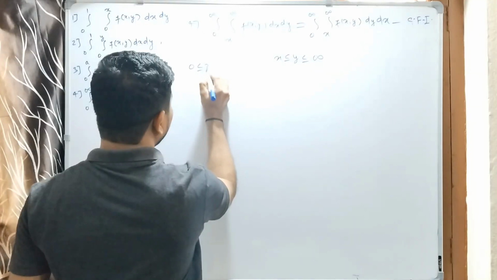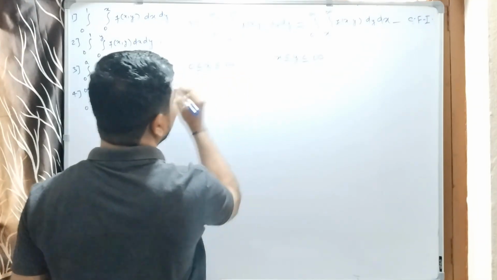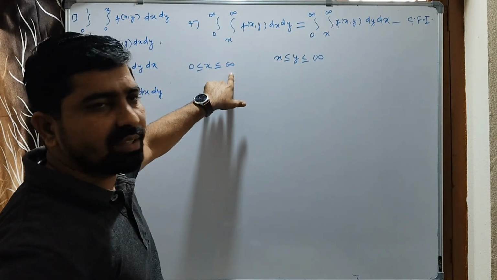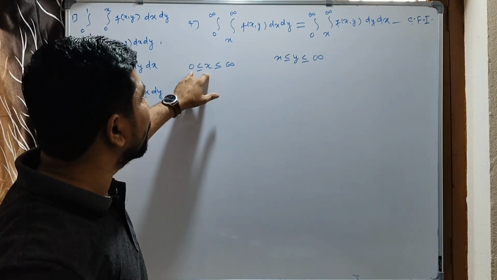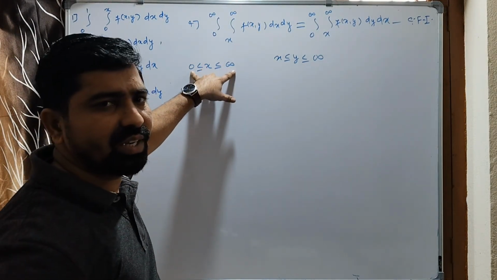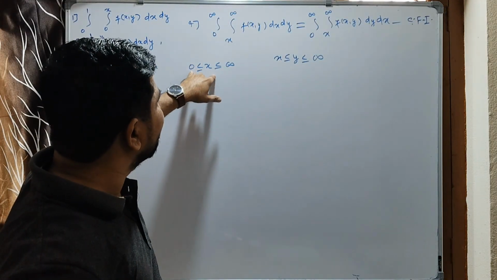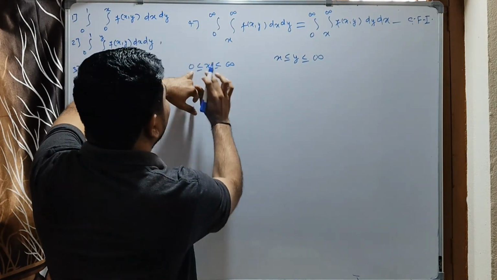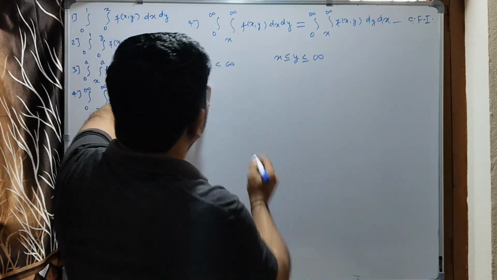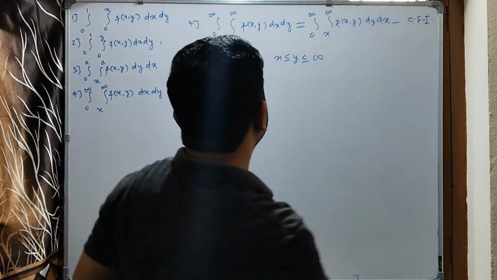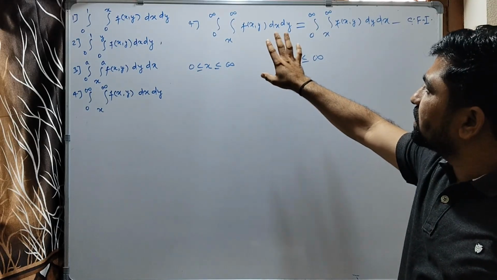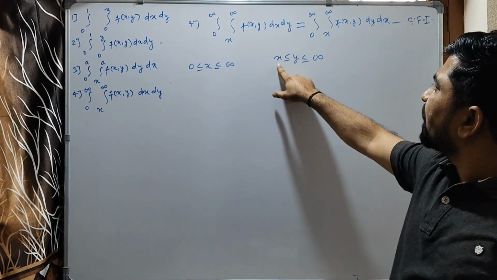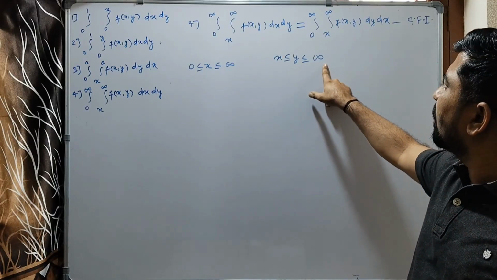So 0 is less than or equal to x, which is less than or equal to infinity. So x belongs to the closed interval 0 to infinity, that means x takes all values from 0 to infinity. Of course infinity is not a number and never belongs to this closed interval, but x tends to infinity. So x is less than or equal to y, which is less than or equal to infinity.